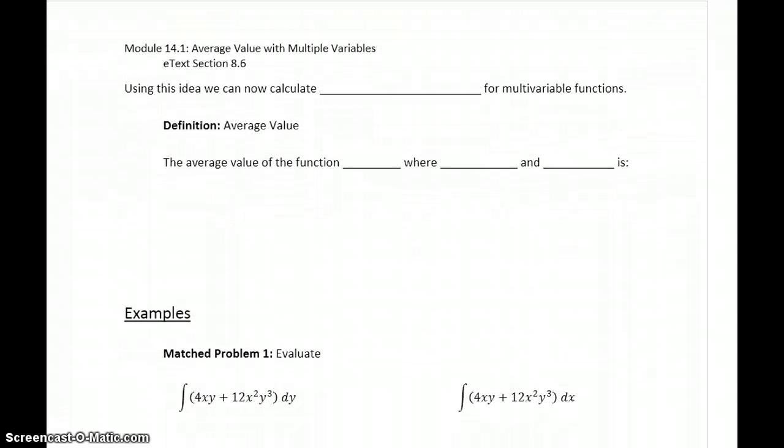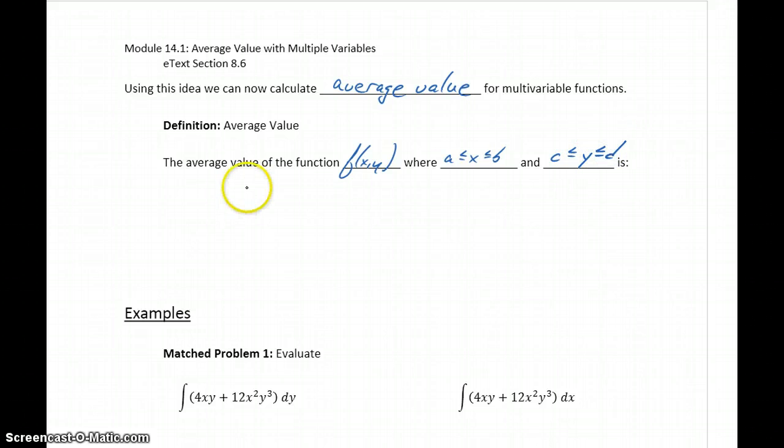So using this idea, we can also look at an application, one that we've seen before, which is average value. But now we're going to deal with this for multivariable functions. The average value of some function f of x y, where a is less than or equal to x, is less than or equal to b, and c is less than or equal to y, is less than or equal to d, can be calculated as 1 over b minus a.